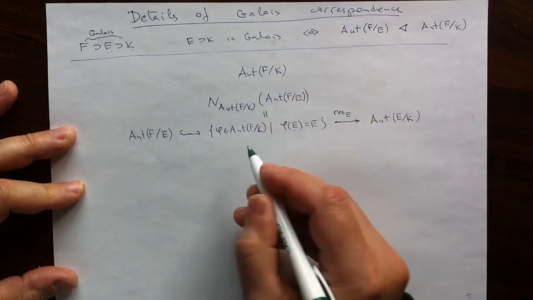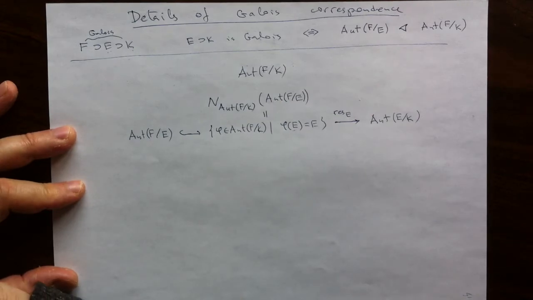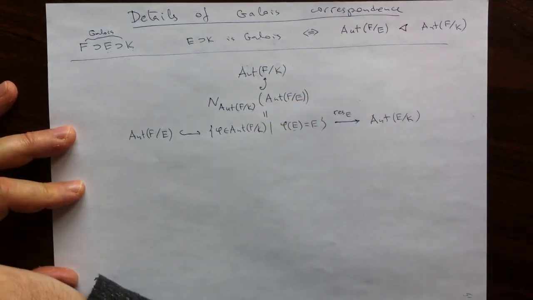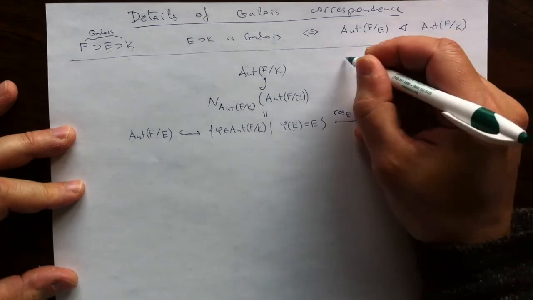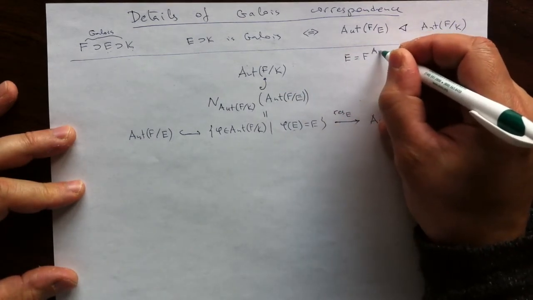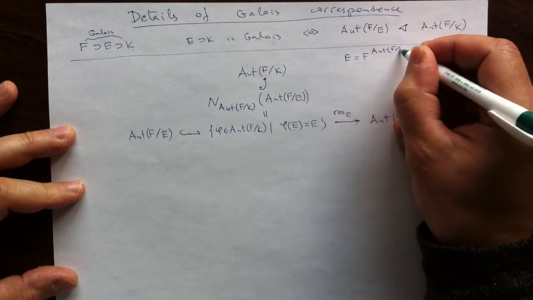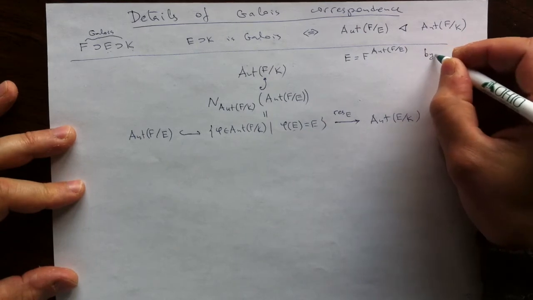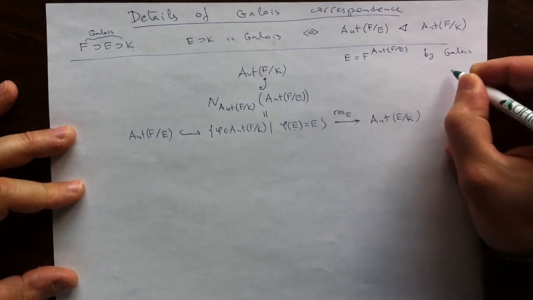So that is what this subgroup is really in terms of group theory. And that is because E can be written as the subfield of invariants of automorphisms over E. So that is just Galois correspondence.